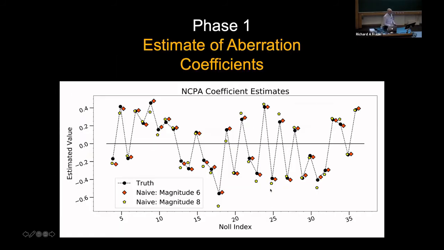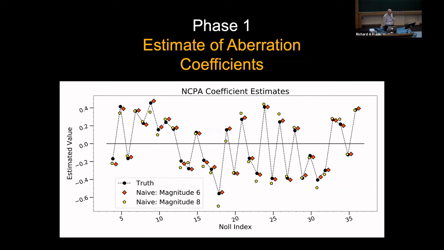Now, when we estimated those aberration coefficients, the aberration consisted of 36 Zernike modes. You can think of Zernike polynomials like Legendre polynomials, if you're not familiar with them, but it's a 2D polynomial defined on the circle.